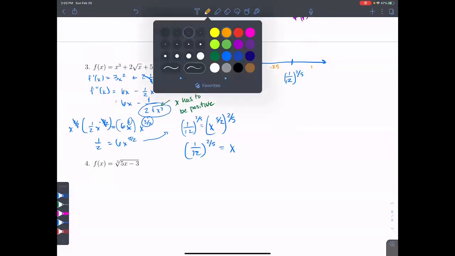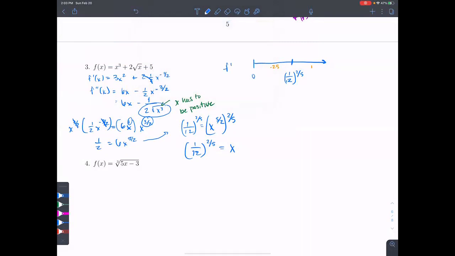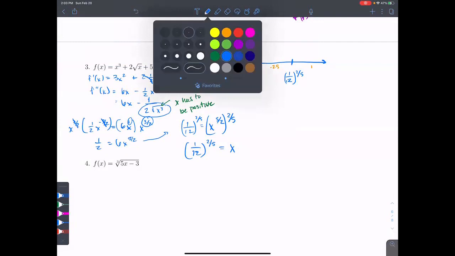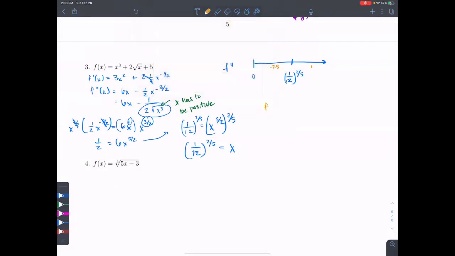This is an F double prime number line looking at concavity. F double prime of 0.25 is something negative. I have negative 2.5. And F double prime of 1 is 5.5, which is positive.